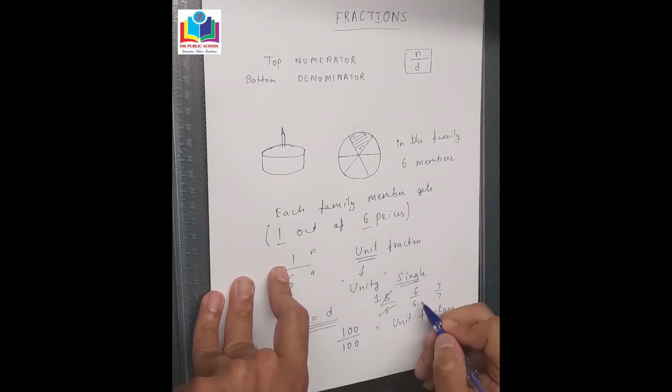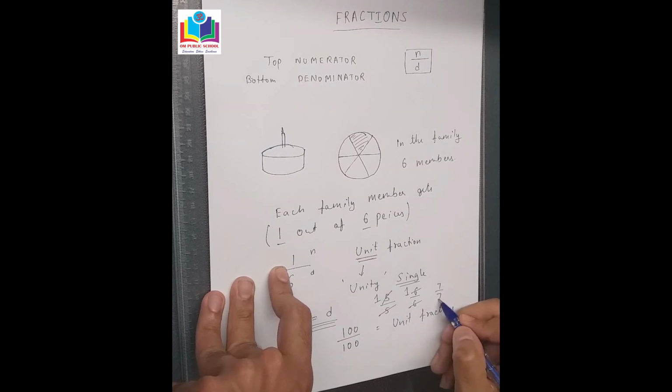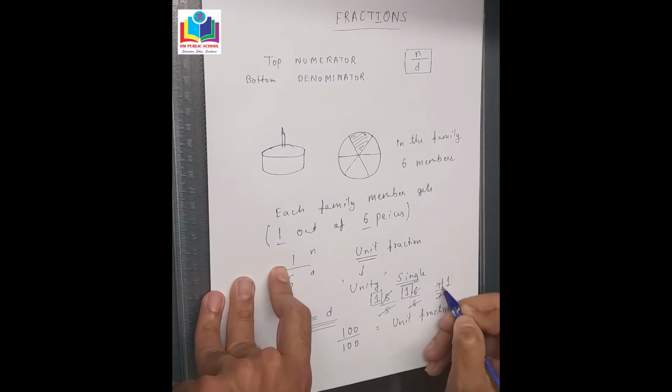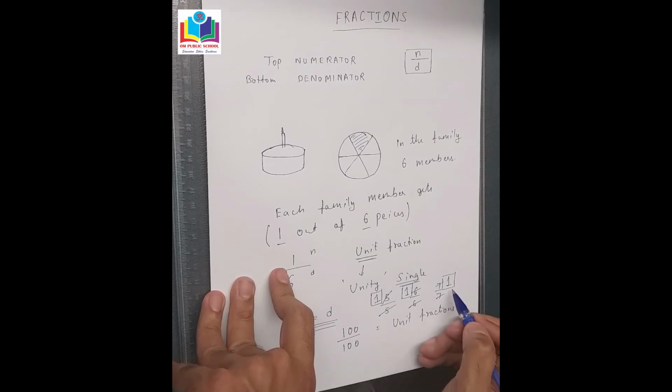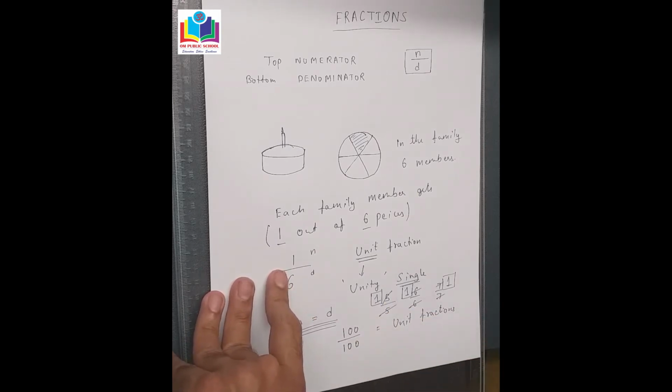Similarly, 6 ones are 6, 7 ones are 7. So as you can see, we obtain 1 after cancellation. That is exactly why it is called a unit fraction.